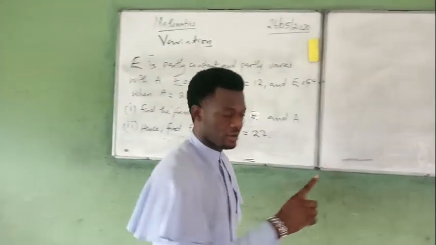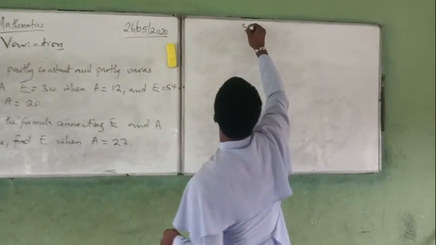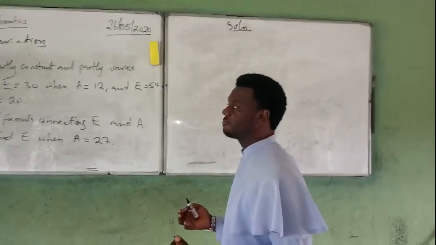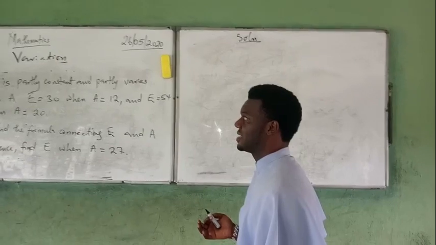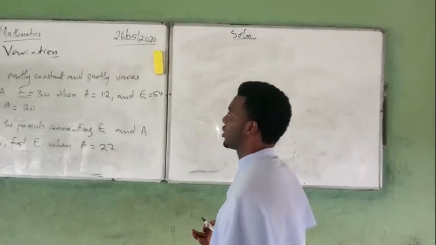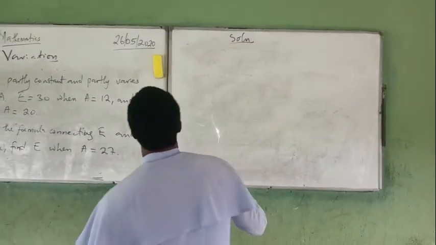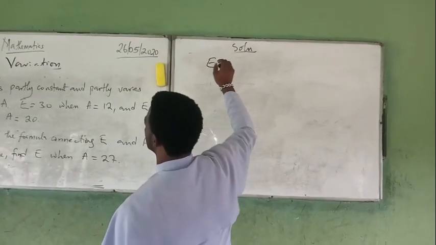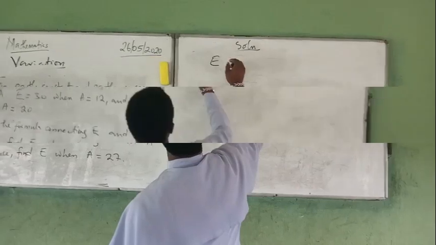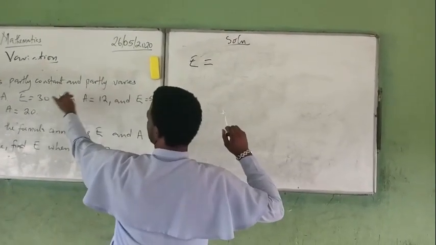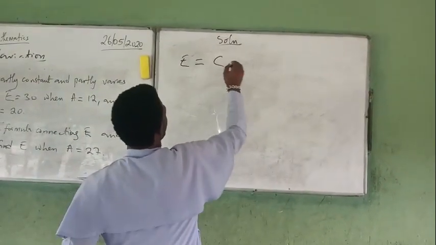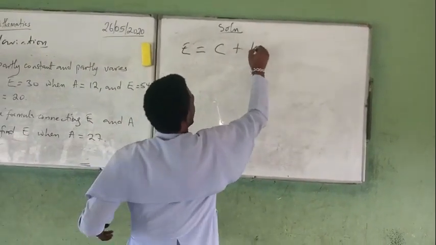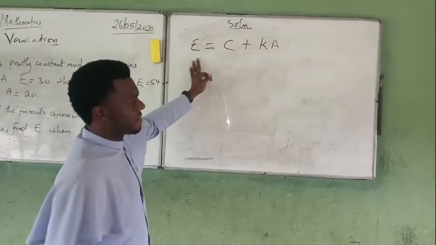First and foremost, you are going to form the equation. Just as I said, partial variation is simultaneous equation. So you form the equation. You say E is partly constant. E is equal to C plus, partly varies with A, KA. That's how to form it.